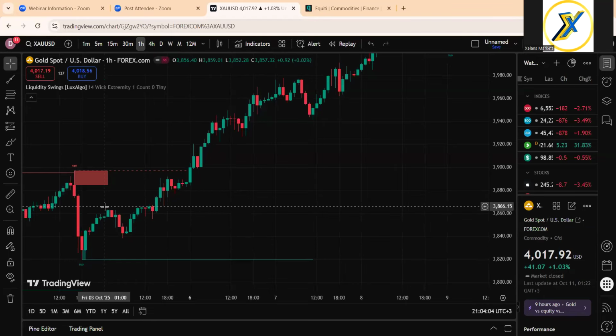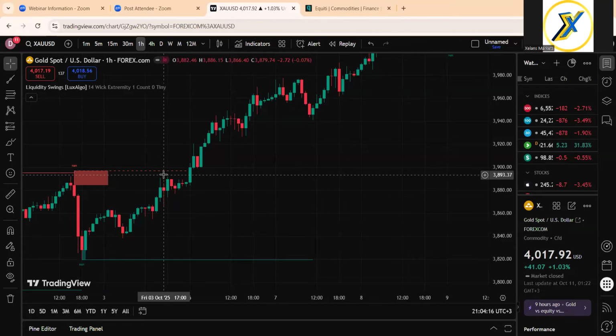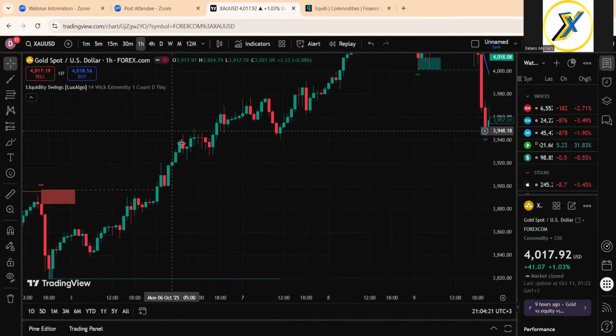Then it tapped here and created a higher high. Then came here, created a new lower low. Then came here, created a new higher high. Another higher high, lower high, like that. It keeps on creating that when it's in an uptrend.